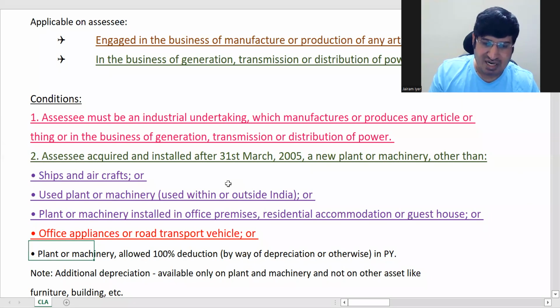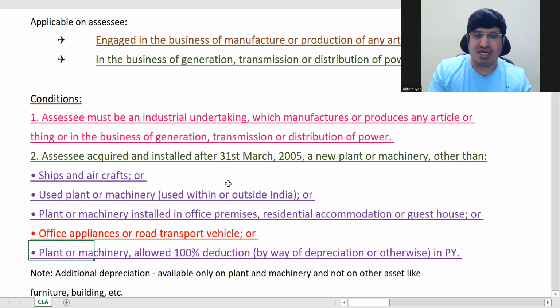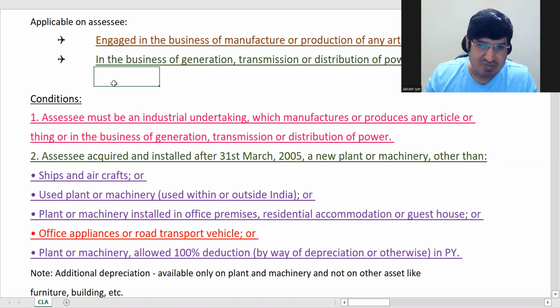And plant and machinery on which we are getting 100% deduction by depreciation or otherwise. If in one shot you are getting 100% deduction, that plant or machinery also will not qualify for this additional depreciation. So that is the only point, you just have to remember it.